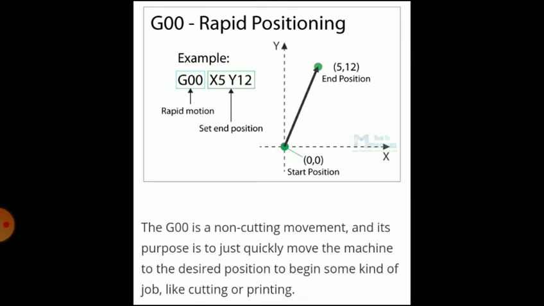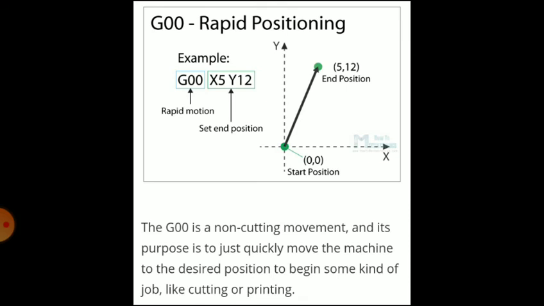Now, to denote this, you can write G00, that is a rapid motion, and you have to specify the coordinates of the end position where you have to reach the tool, the coordinates of that point, in a block. So G00 X5 Y12.